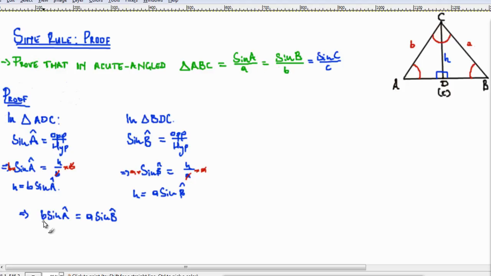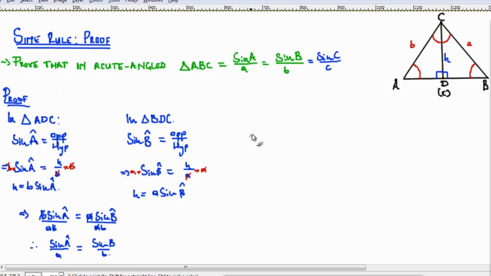So we divide on both sides by ab. This side gets ab, and this side also gets ab. Then on this side b cancels, and on this side a cancels. Finally, sine a over small a is equal to sine b over small b, which is what we wanted to show.